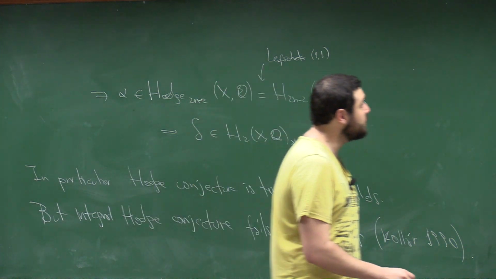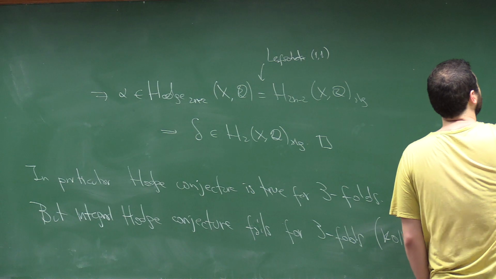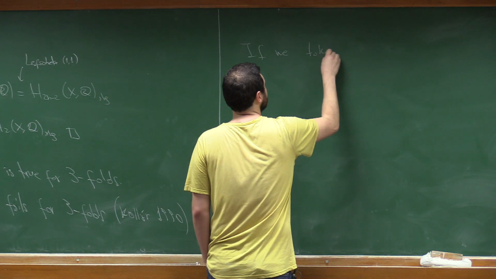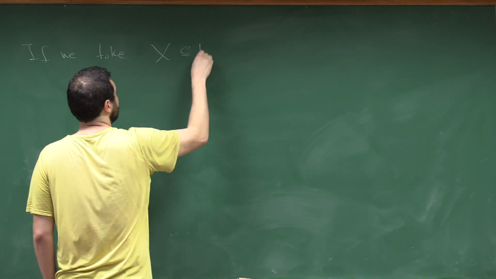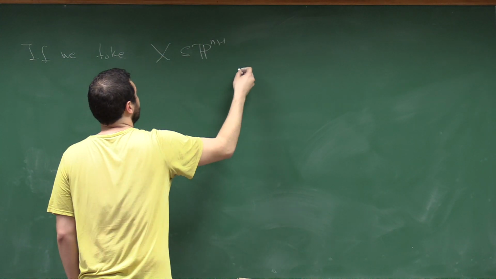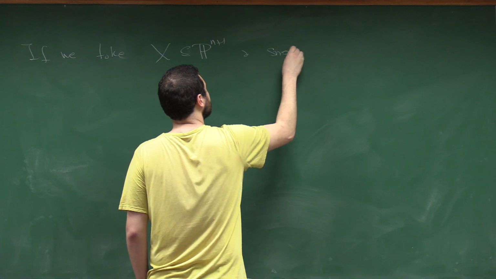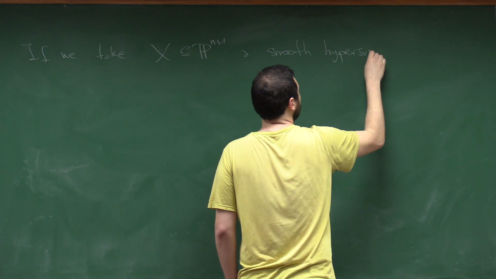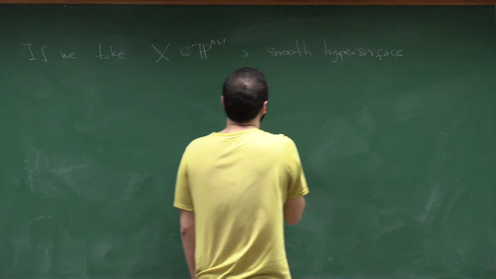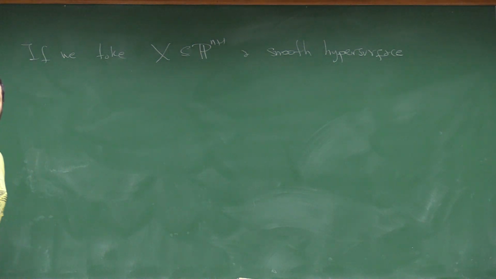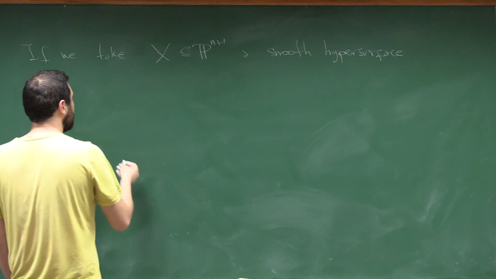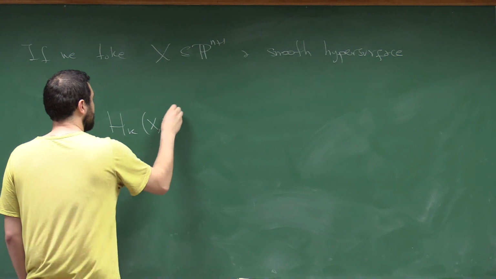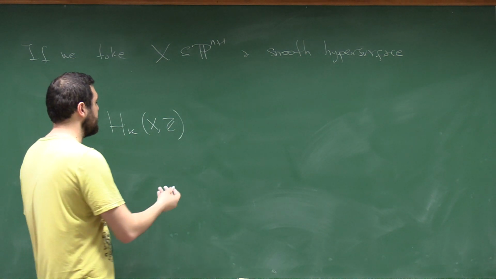And so if we restrict ourselves to the case of hypersurfaces, X inside P^{n+1}, a smooth hypersurface, we already computed its cohomology, its homology groups, right? We already know the following thing. We know that H_k of X with integer coefficients is what?